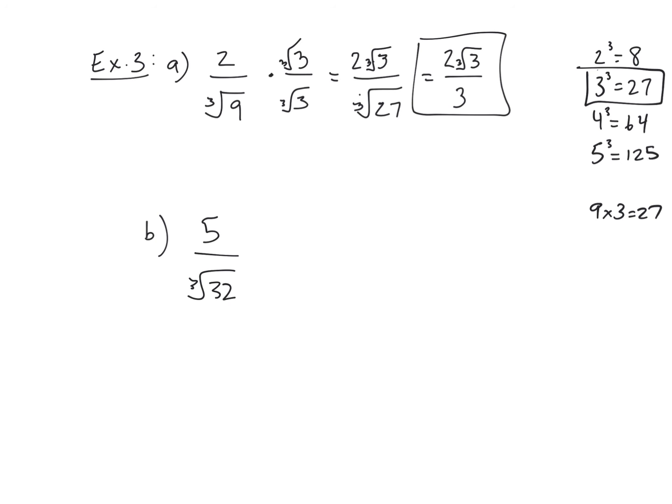All right, so I think 64 is going to be the way to get there. And we'll multiply by cube root of 2, because 32 times 2 is going to make 64. That should be a multiplication symbol there. Let me be clear about that. Cube root of 64 on the bottom there. And then in the top, 5 times cube root of 2.